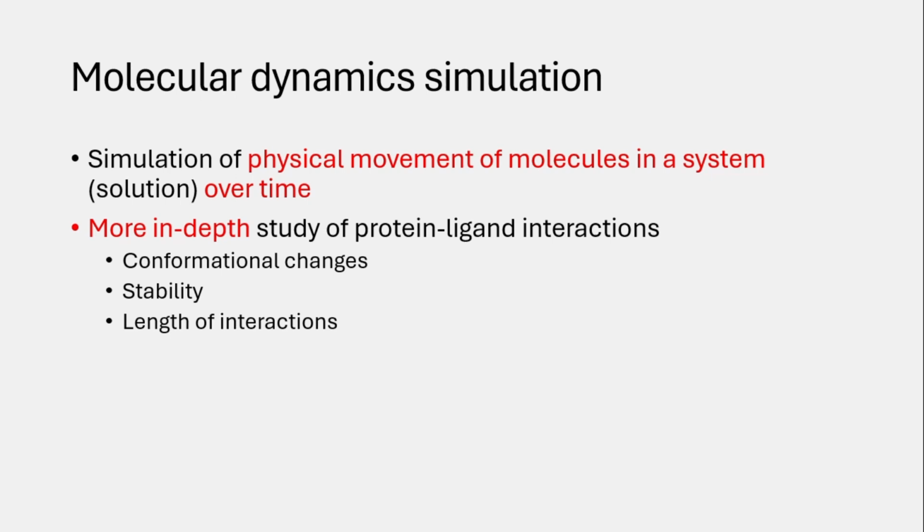But when we're doing molecular dynamics simulation, we are usually performing it in a solution. So they are factoring in the hydrogen bonding effects of the water molecules present within the system. These water molecules can interact with our receptor and ligand molecules, causing them to change shapes. And these changes can affect the stability of the interactions.